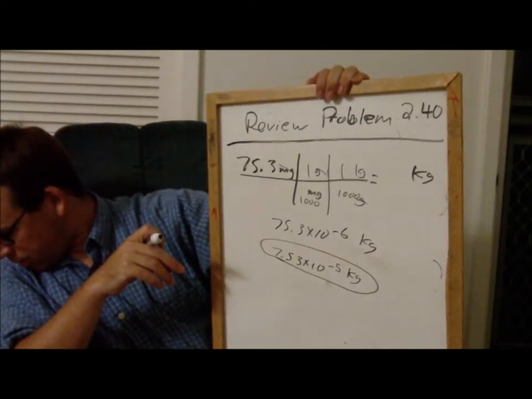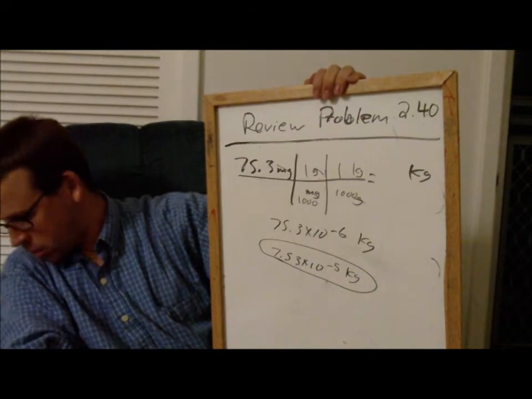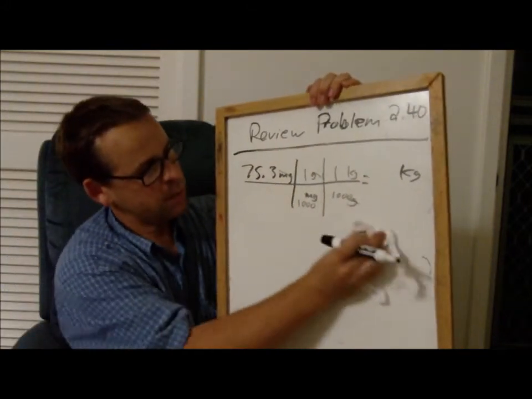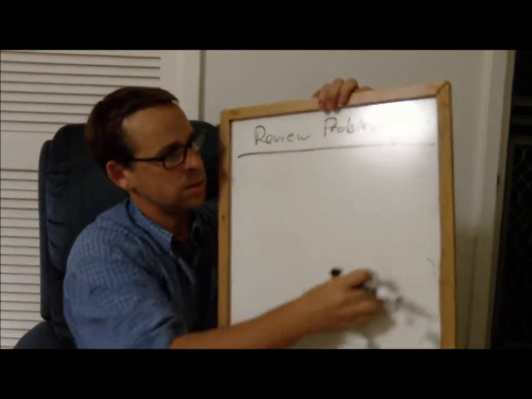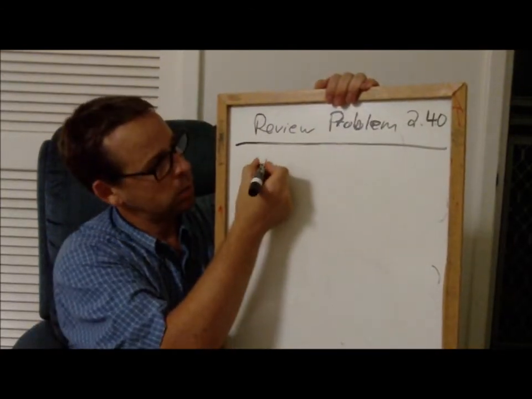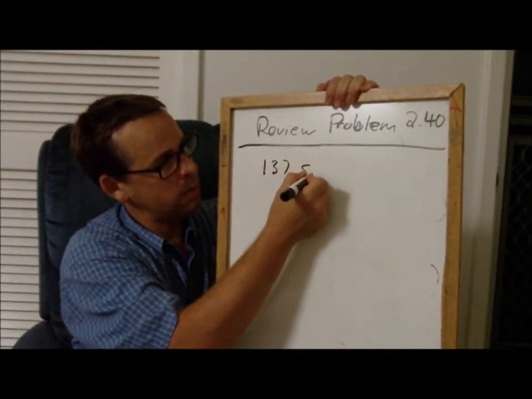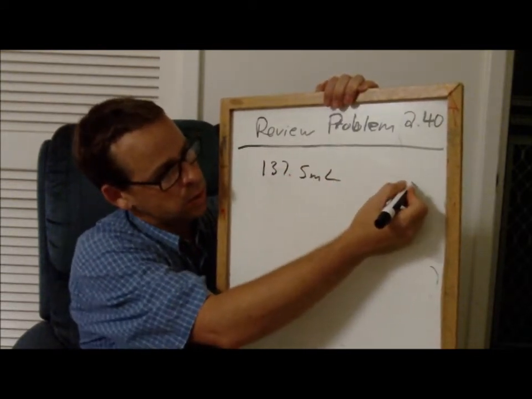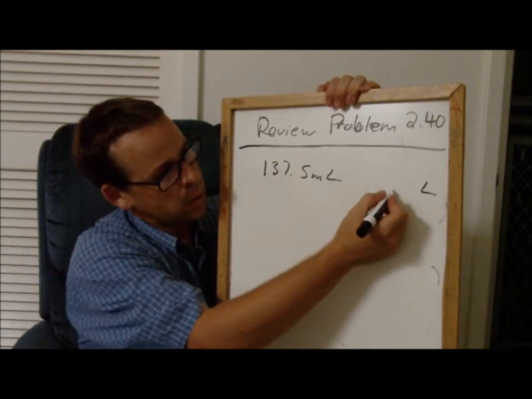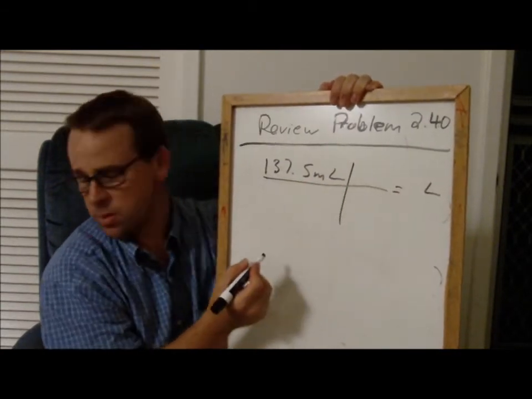Okay, D, 137.5 milliliters to liters. Now this is one you want to learn how to do in your head: milliliters to liters and liters to milliliters. You want to learn how to do this in your head eventually, but if you don't know right now, that's all right.